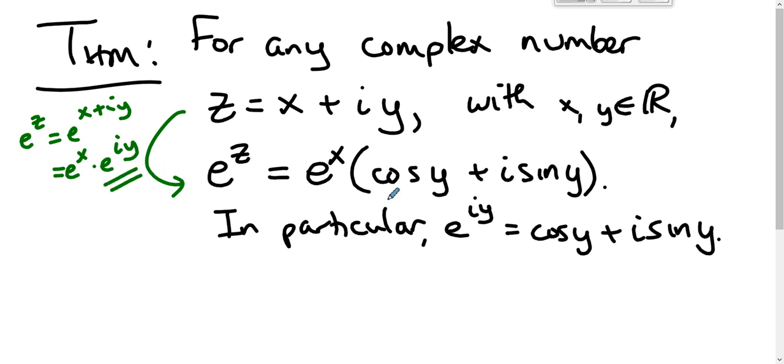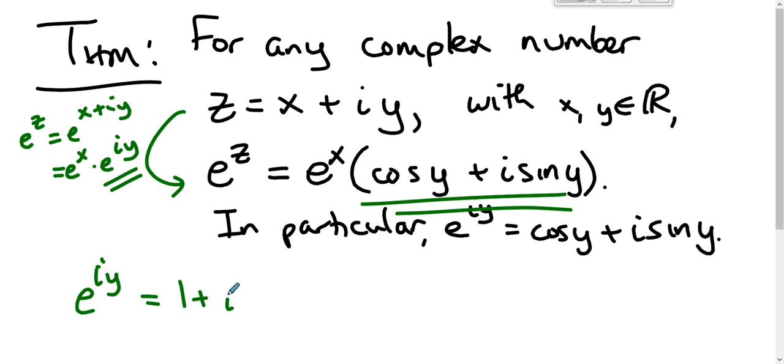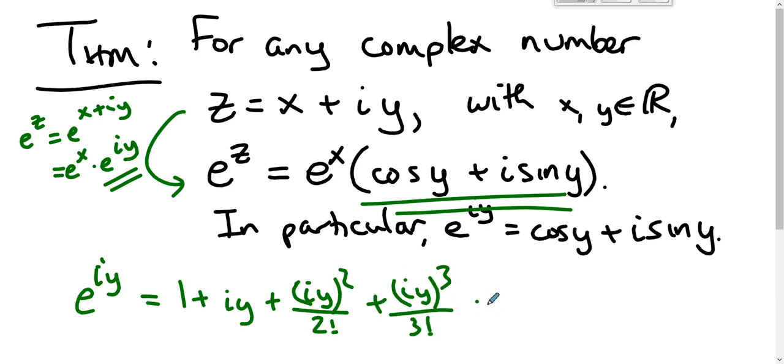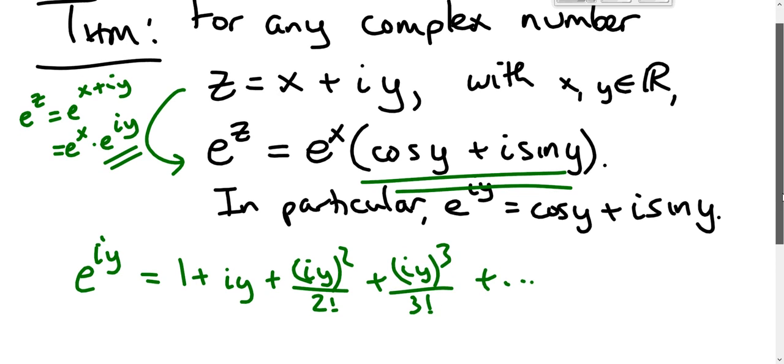But the question is, can we equate those things? And the answer is yes. e to the iy, well, by 2 slides ago, that's 1 plus iy plus (iy) squared over 2 factorial plus (iy) cubed over 3 factorial, and so on.